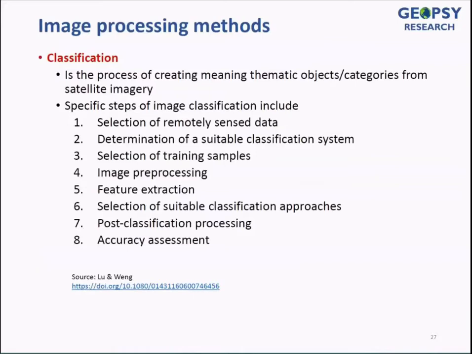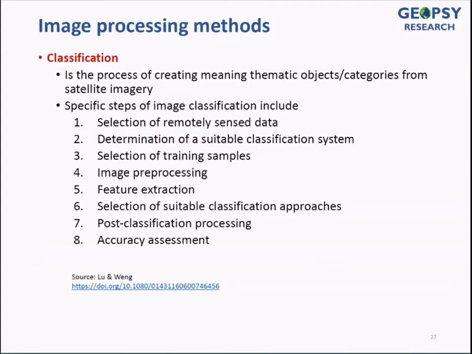So the particular steps for image classification are: one, you have to consider that we have an objective for carrying out this classification. So we have to select remote sensing data, meaning I have to select data that will allow me to pick these classes.